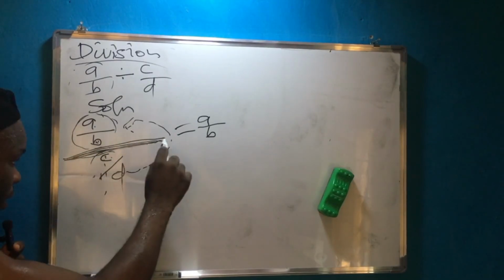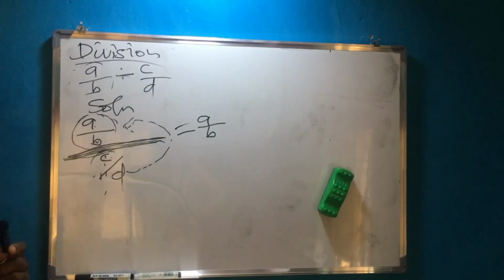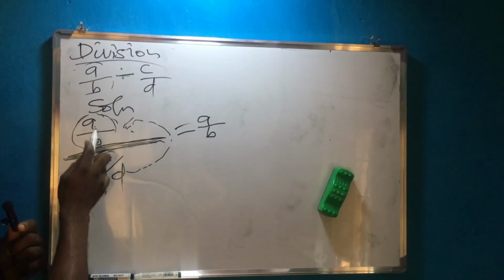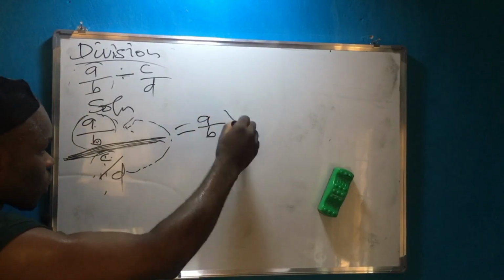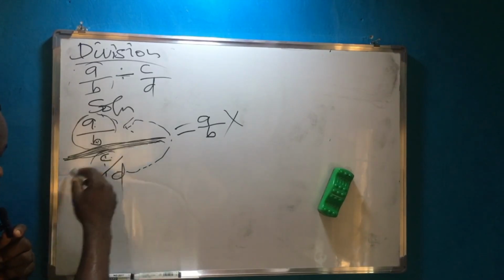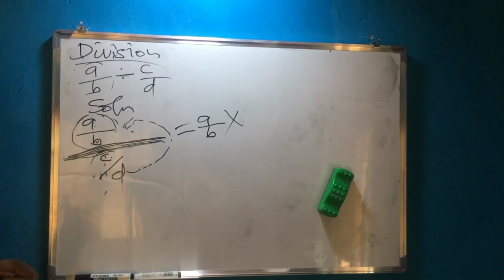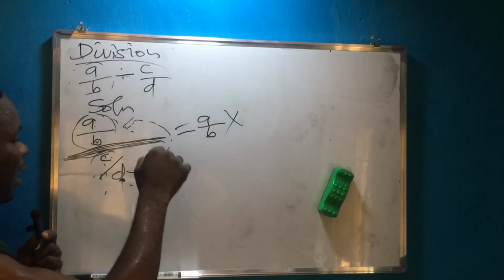This big line here represents this divide. Please just try to understand me. If you write A over B first, that's the first thing to do. Then you say times, introduce multiplication instead of division again. This D that is at the bottom in the second fraction will be at the top.